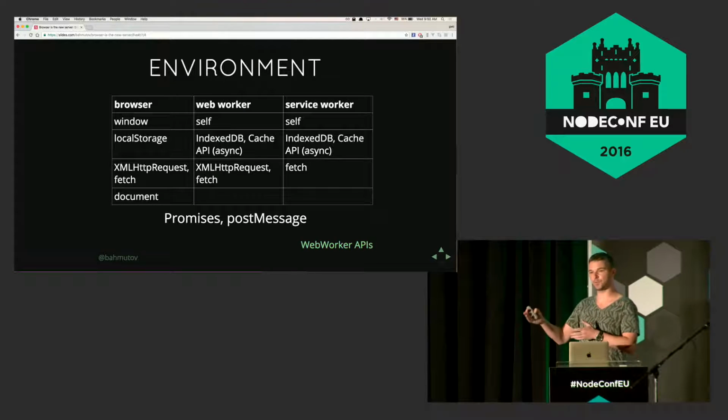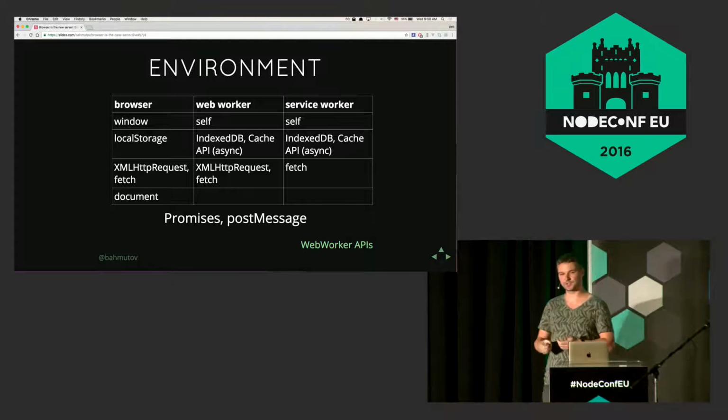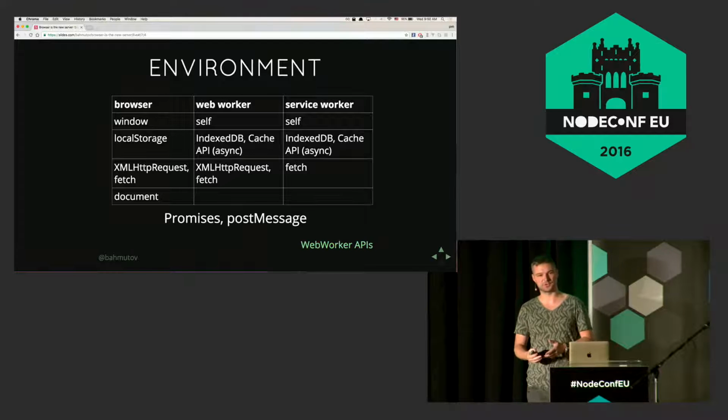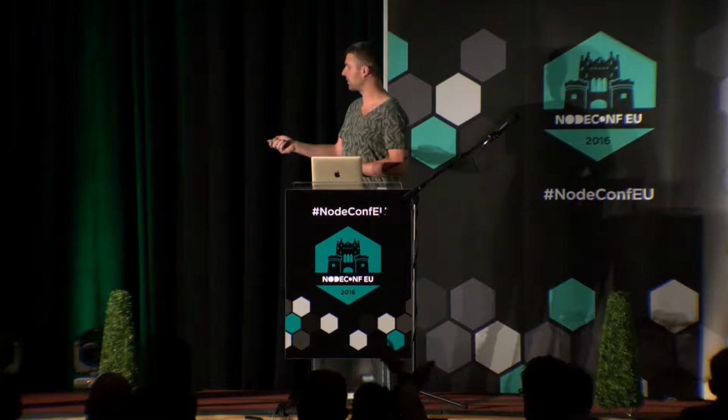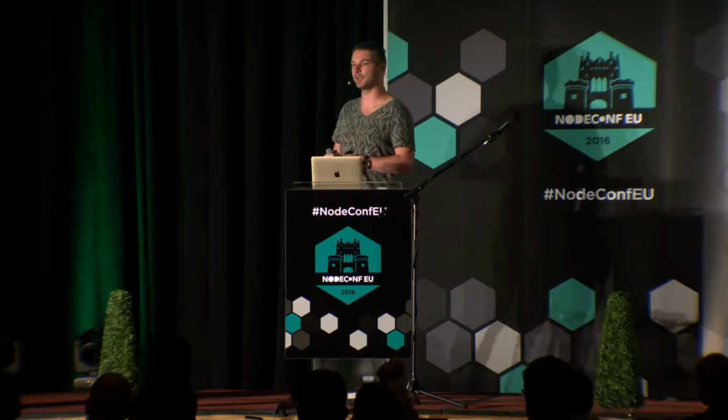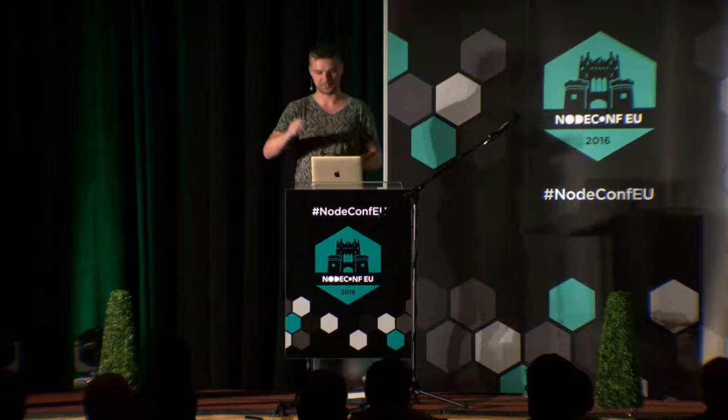You don't have access to the window or document, but you have asynchronous cache, you have IndexedDB. You only have fetch, HTML5 fetch. You don't even have the old XMLHttpRequest object anymore. But you have promises. You can post messages and communicate from the service worker back to the main tab.